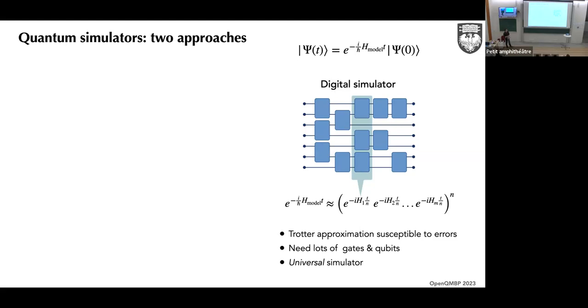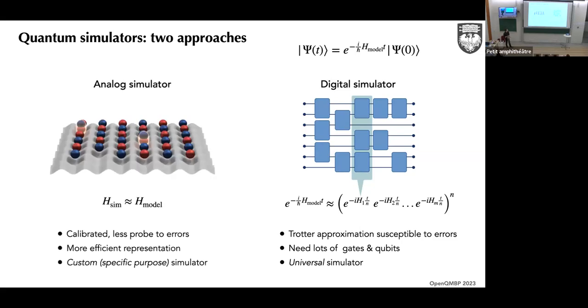The nice thing about this approach is that you only need a small number of elementary single and 2 qubit gates as part of your gate set, but you need a lot of resources. You need a lot of gates, you need a lot of qubits in order to improve the accuracy of simulating your model. But once error correction kicks in, this approach promises a universal quantum computer, a universal simulator.